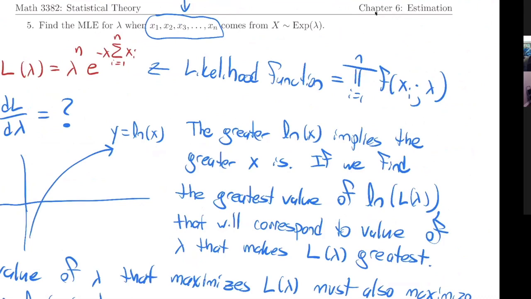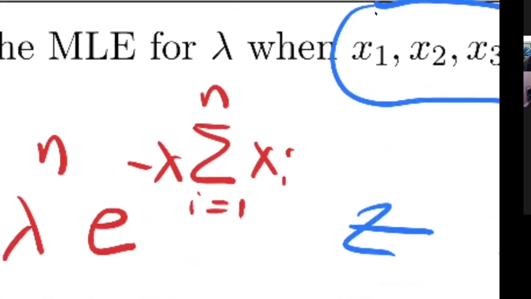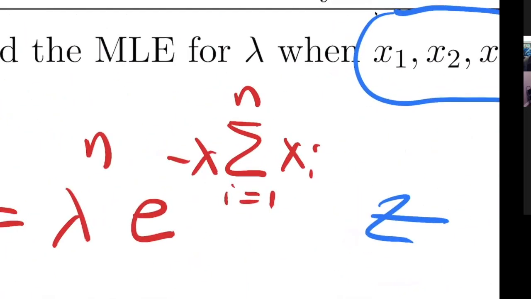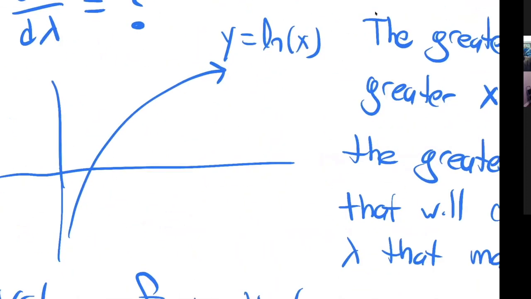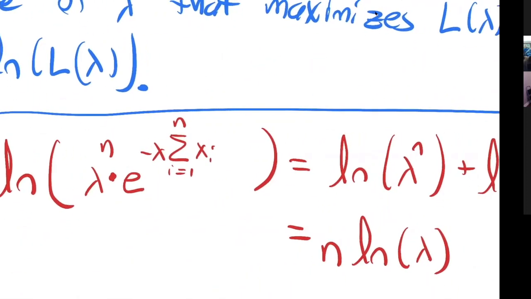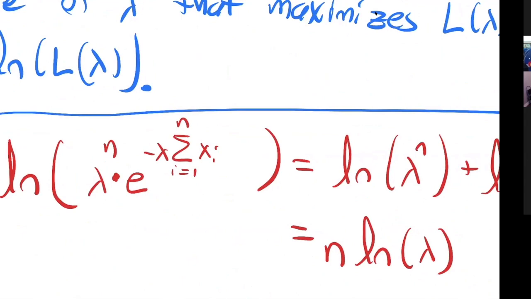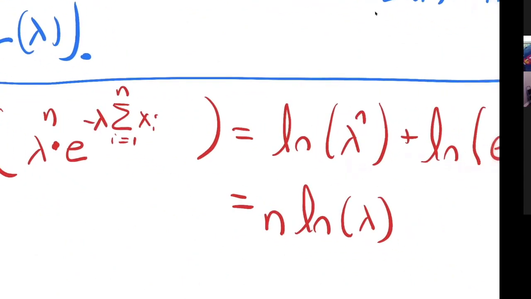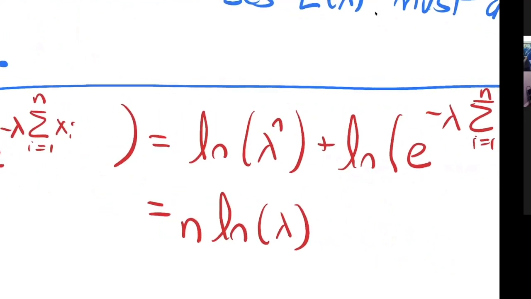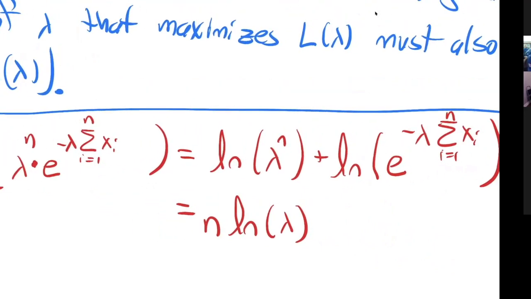If you zoom in, you can trust me. I started doing little curls at the bottom of my lambdas so I don't get confused. So that is a lambda there, but inside the sum are the x's.